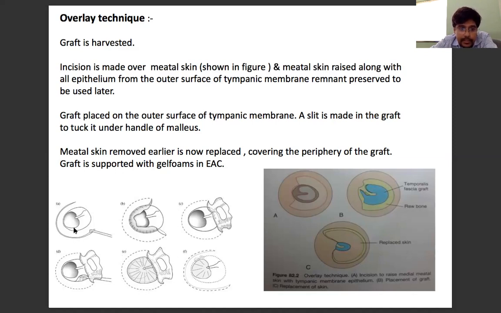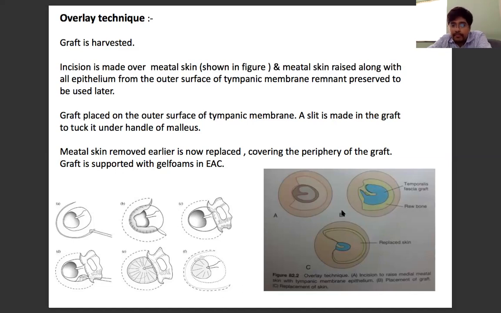Understanding? Here it was the flap. We are elevating the flap, and with the flap we elevated the outer layer over the tympanic membrane. So whatever is seen in this diagram, this is the flap with squamous epithelium. But now this is the perforation, while here we can see a fibrous layer. Now here we are putting a graft. In diagram E, you can see the graft is put and we are repositioning.